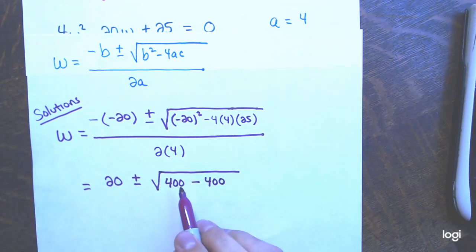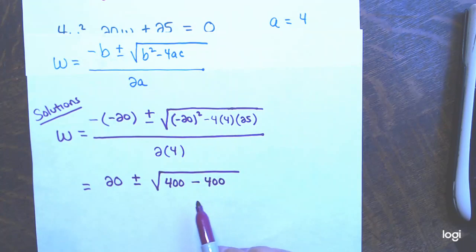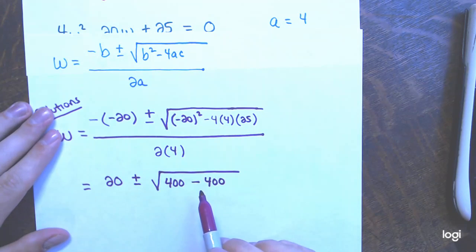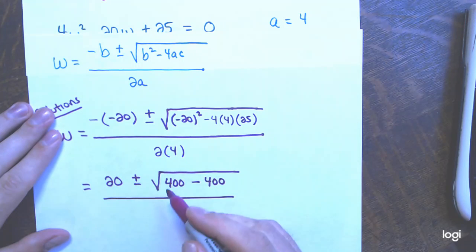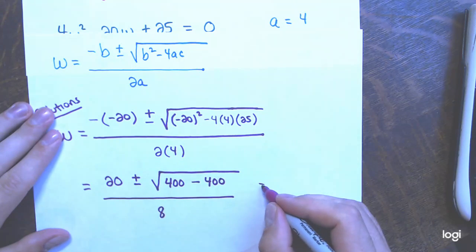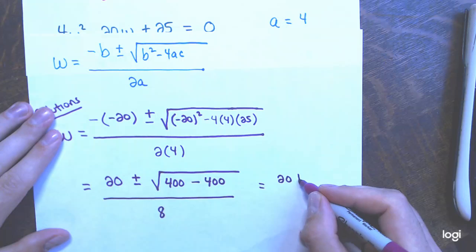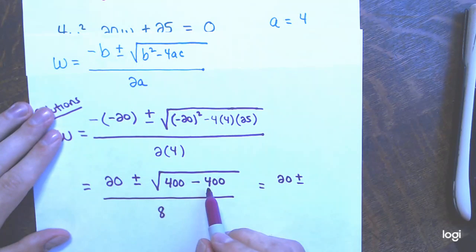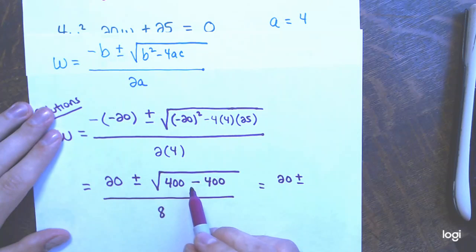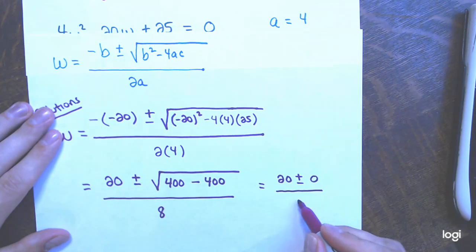Ooh, look at this. This is going to actually end up real nice for us. We haven't seen this yet. So I have 400 minus 400 in there. All that divided by, 2 times 4 is 8. So I have 20 plus or minus, this is 0. The square root of 0, which is just 0, divided by 8.